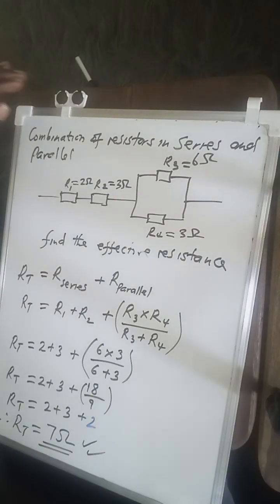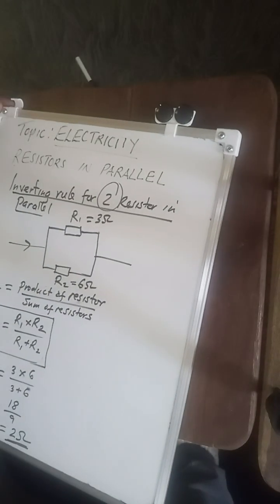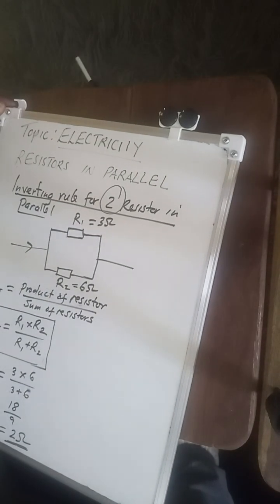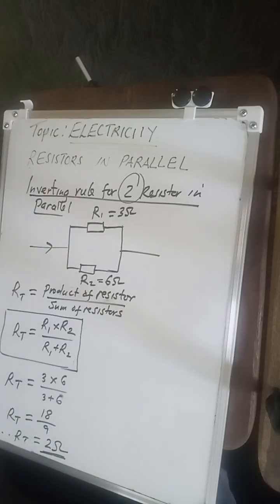Now let me quickly look at a few other examples and how you can go about it. Some other examples that you're going to be finding in the exam that you need to become familiar with. Suppose they tell you to find the effective resistance.